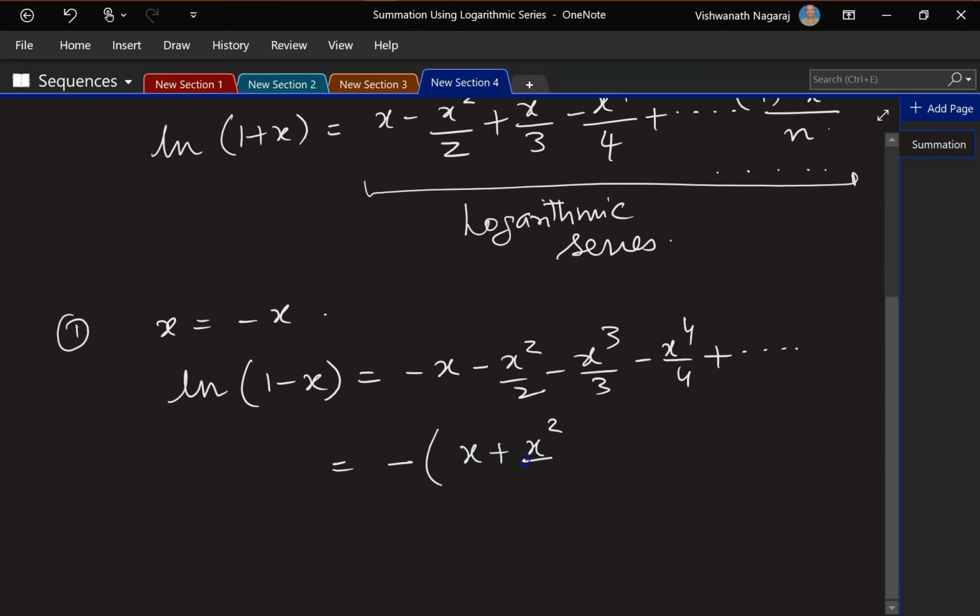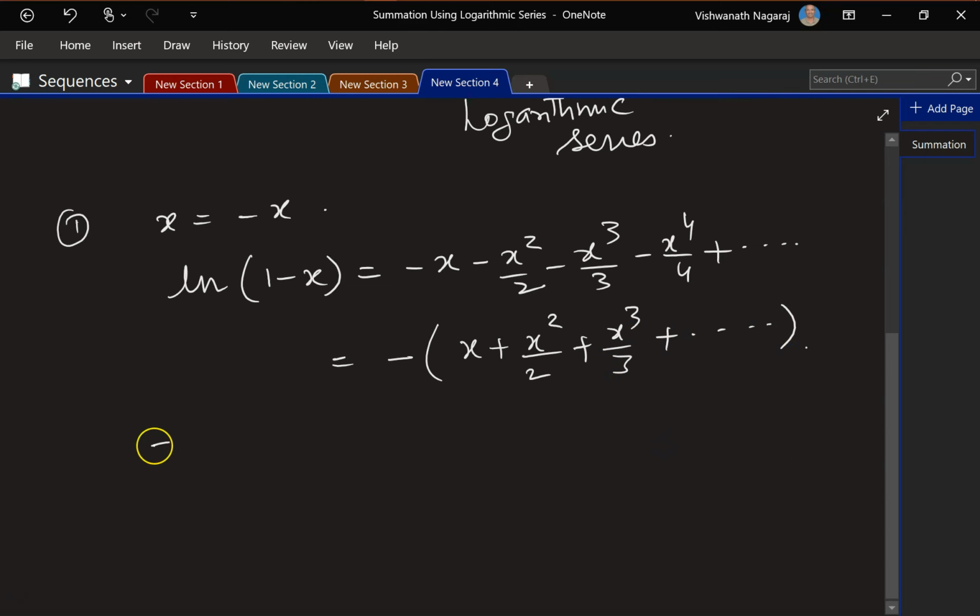So minus of x plus x square by 2 plus x cube by 3 and so on, and this minus can be brought on to this side, so minus natural log of 1 minus x is equal to x plus x square by 2 plus x cube by 3 and so on.